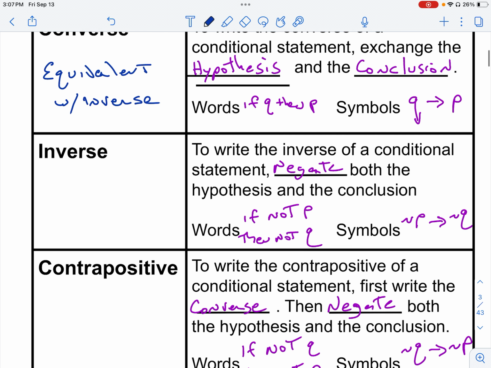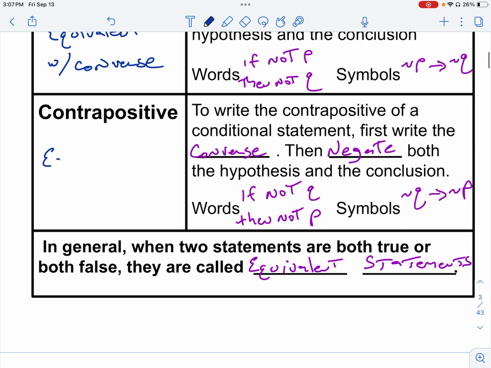The inverse is equivalent with the converse, and the contrapositive is equivalent with the original conditional statement. And by equivalent, we just mean true or false. They go together, true or false.